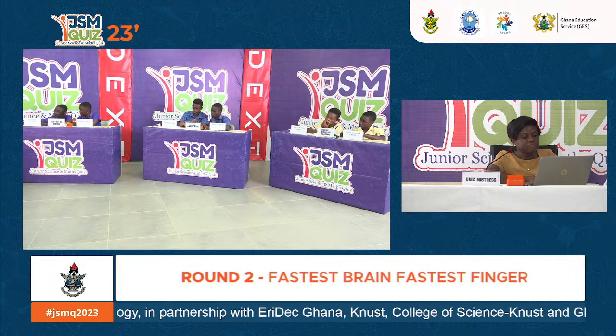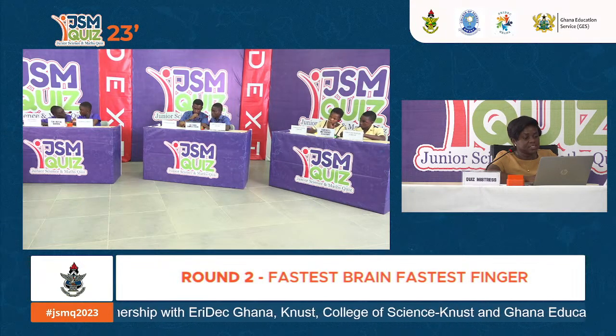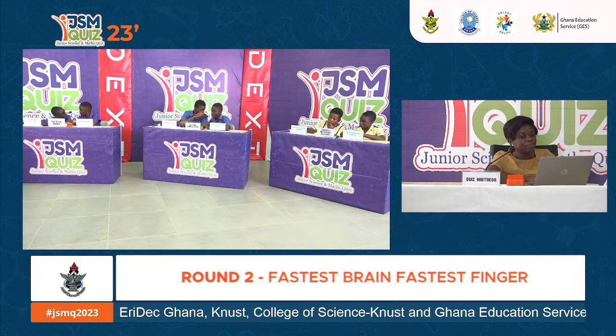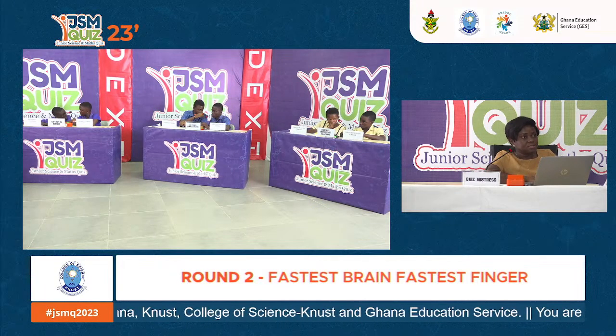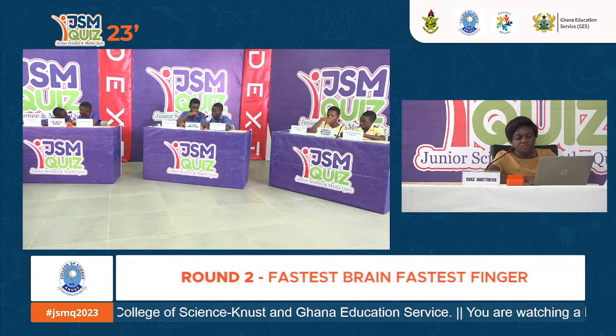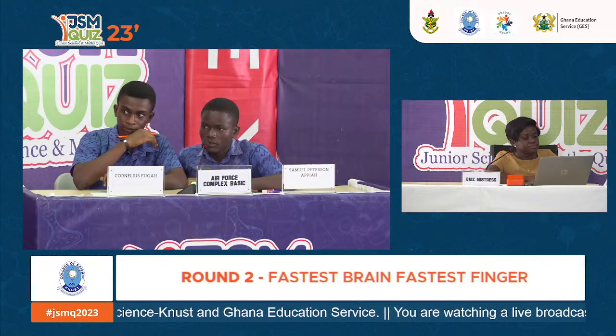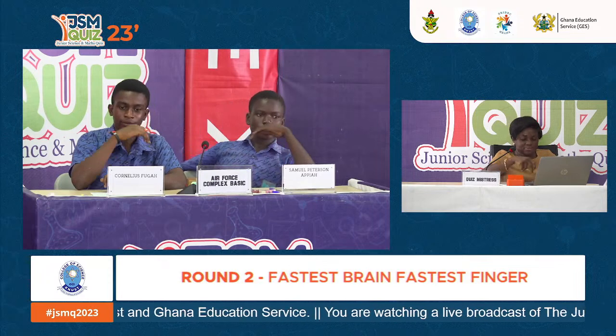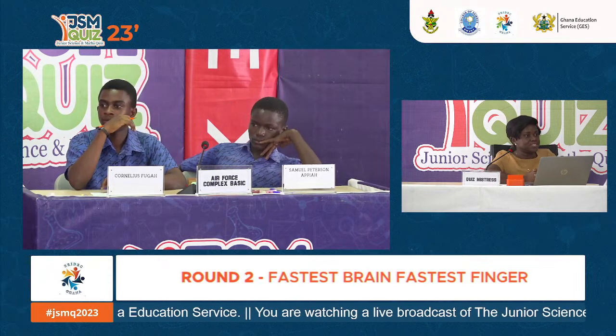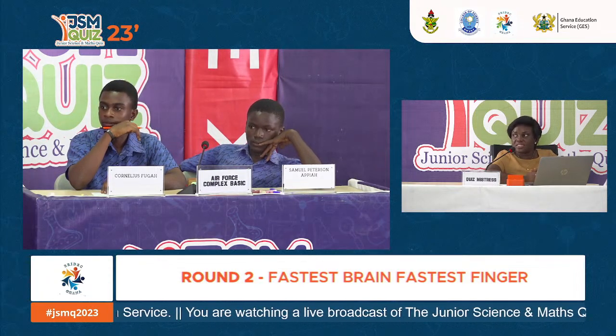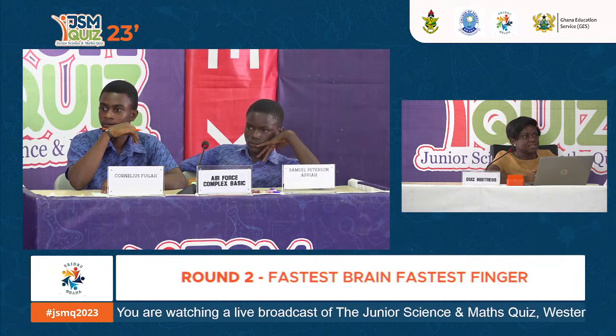Bee stings are painful due to the substance they inject into the affected area. What's the name of this substance? Methanoic acid. That is correct. It is methanoic acid. That is right. Excellent. Good.